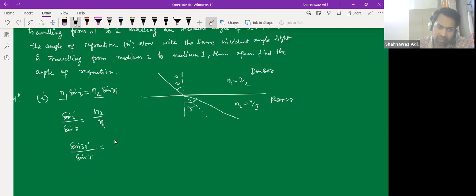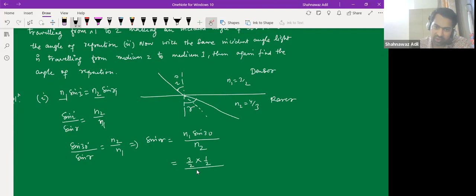This is N2 by N1. So sine of R is N1 sine of 30 divided by N2. N1 is 3 by 2, and then we have sine 30 which is half.